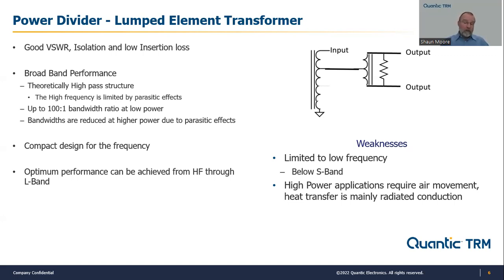However, being practical, there is an upper limit based on the parasitic inductances and reactances that happen between the wires and the ferrite core as this is built. As a result, these typically run to about 100-to-1 bandwidth, which is very broadband. The frequency is set really by the amount of inductance that you can build into the transformers.